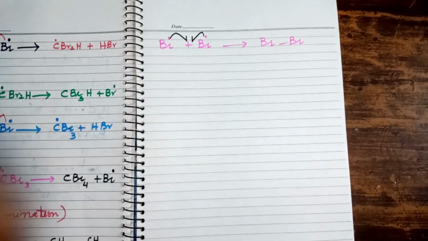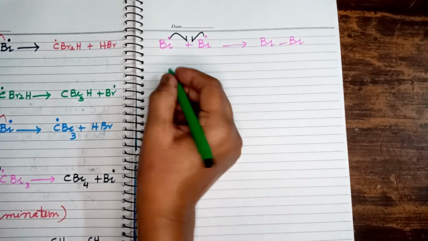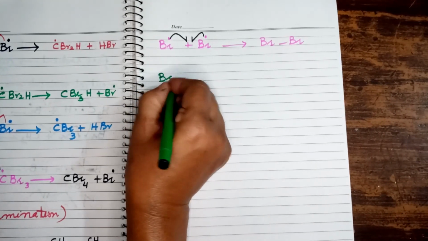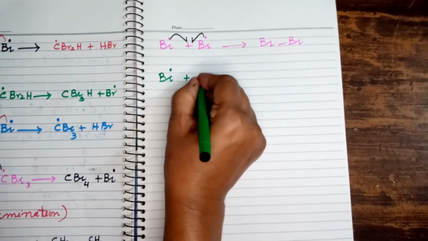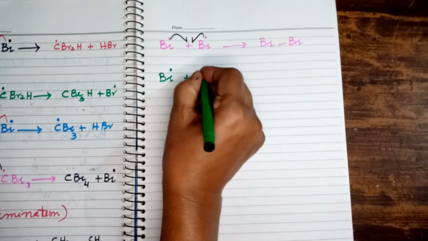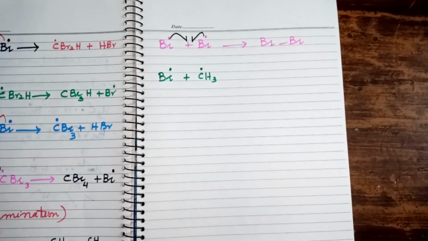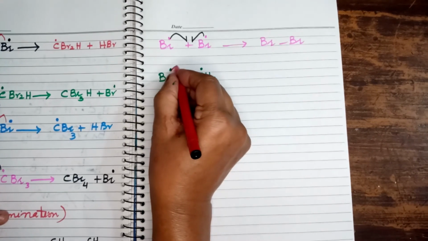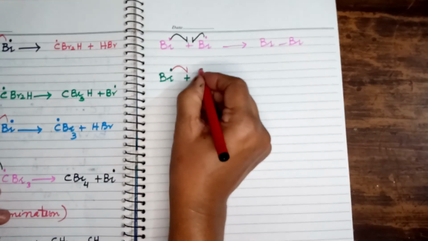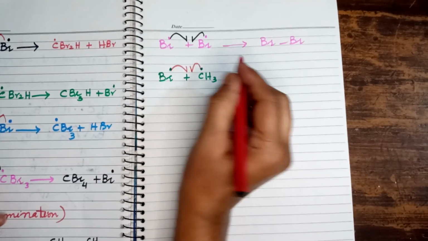Now we see another example where different free radicals combine to form a neutral molecule. For example, we have bromine free radical and methyl free radical. Right, students? Now how they are converted into neutral molecule? Bromine free radical contribute its electron, methyl free radical contributed its electron.